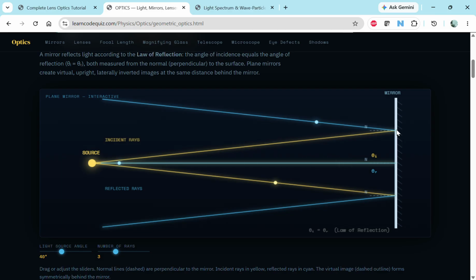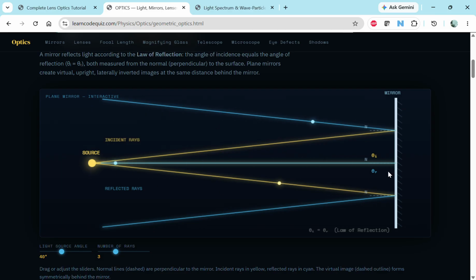If you have seen a flat mirror at home, you stand before the mirror and you see your image. If this is the mirror, the light from the source gets reflected onto the mirror, and you can see this light coming in and getting reflected.